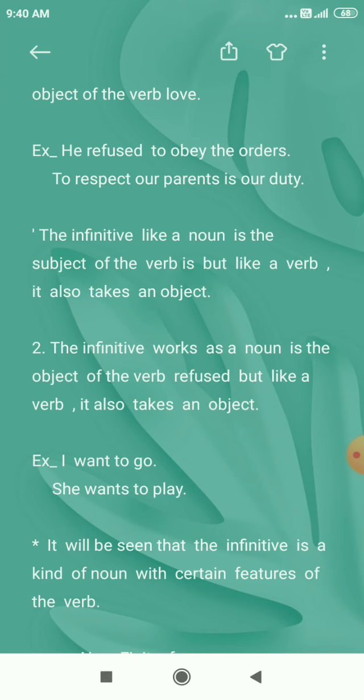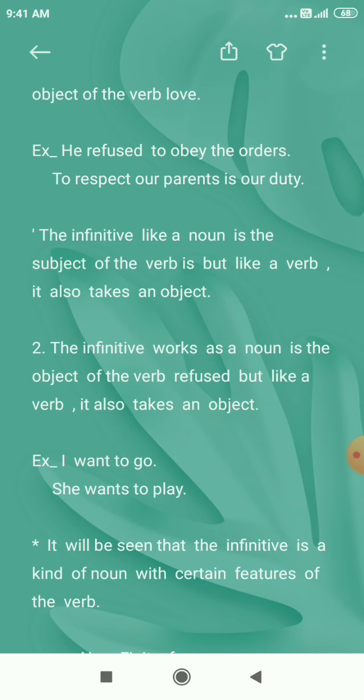In the second sentence, she is a singular subject, and as we know, we have to apply a singular verb with a singular subject.